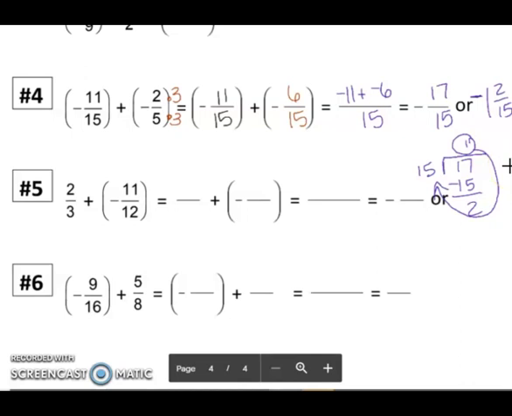Number 5, I have 2/3 plus negative 11 over 12. So 12 would be my least common denominator here, my least common multiple, so I'm going to leave the 12. I am going to multiply 2/3 by 4, so I get 8 over 12.